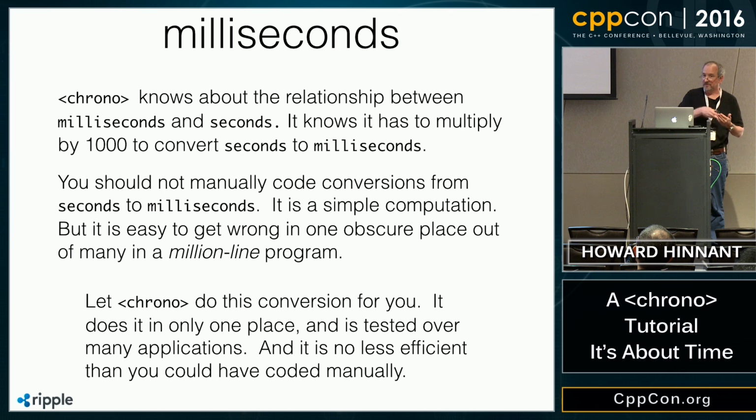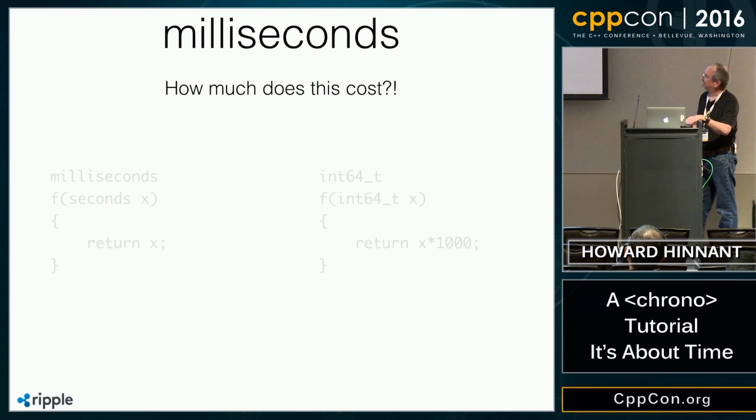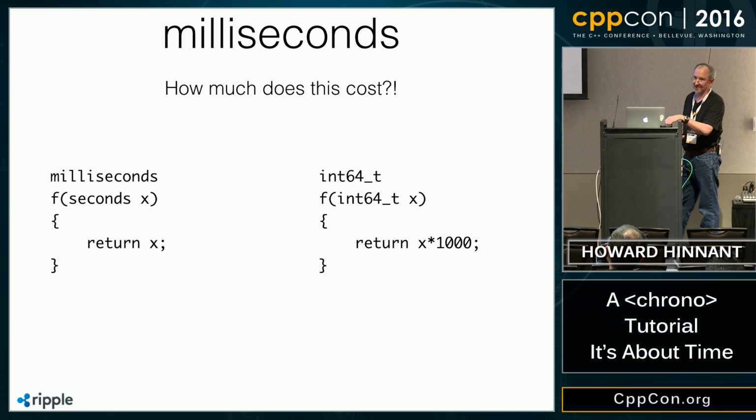And the code that chrono generates will be just as efficient as if you'd hand-coded that times 1,000 or divided by 1,000. And to demonstrate that, let's do our compile time test again. I've got my function, and I'm going to convert seconds to milliseconds, and I'm going to do it 2 ways.